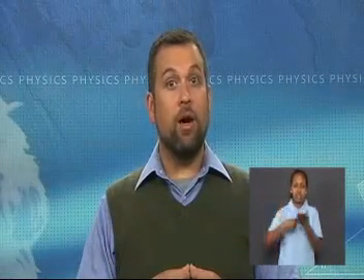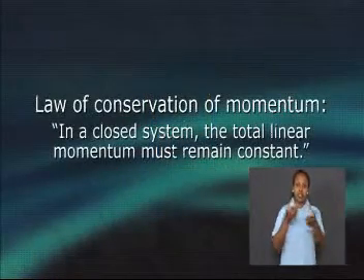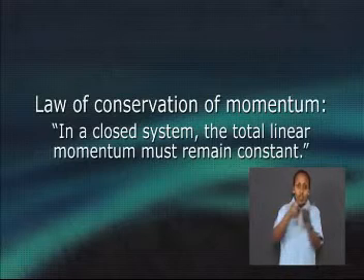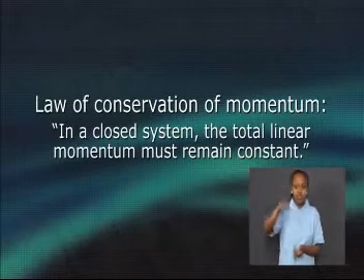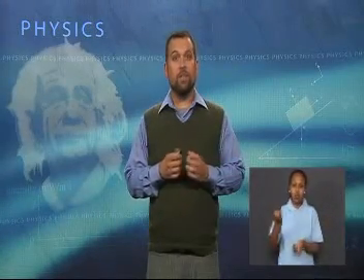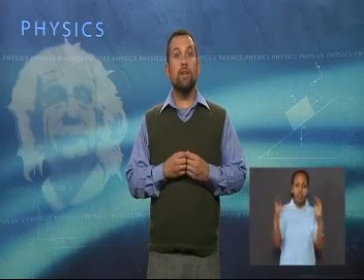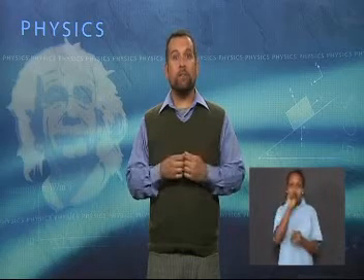Remember that the law of conservation of momentum states, in a closed system, the total linear momentum must remain constant. This means that when objects collide, the total linear momentum before the collision must equal the linear momentum after the collision.